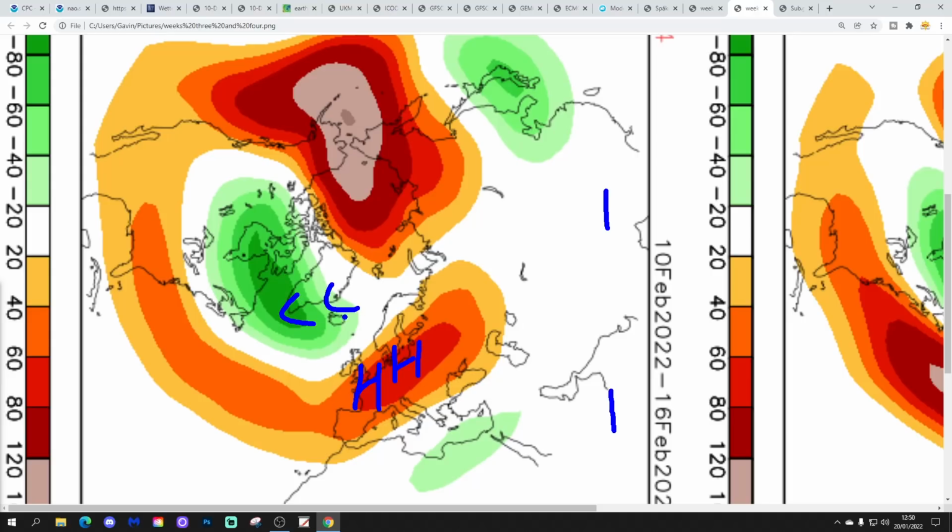Lower pressure begins to drift back in towards Greenland and Iceland, and so we're back to the pattern we're in right now, really, which is more anticyclonic. But this time very mild, if not warm and spring-like, with wind in from the Azores and that sort of area.